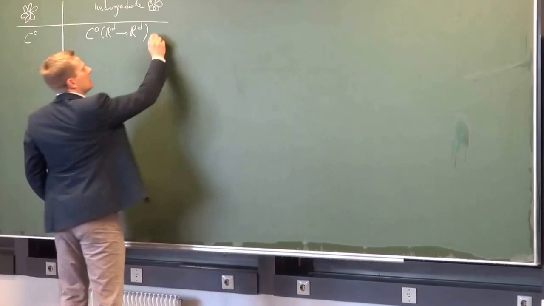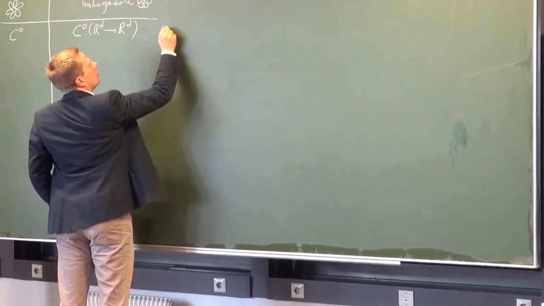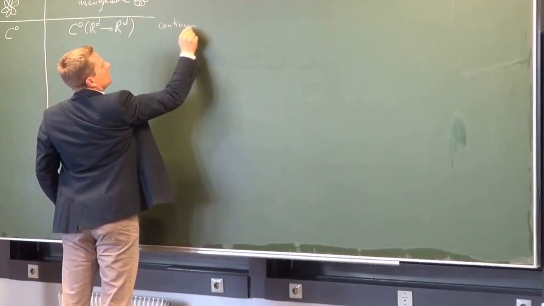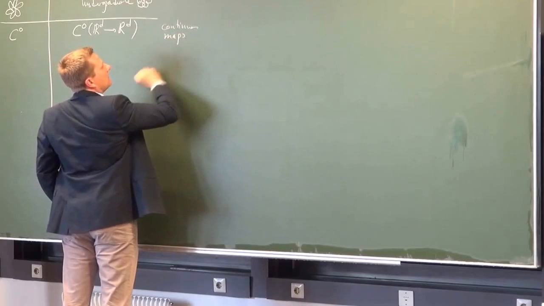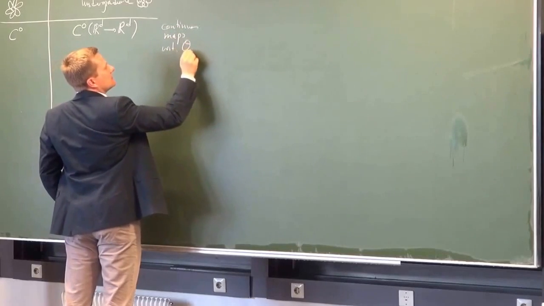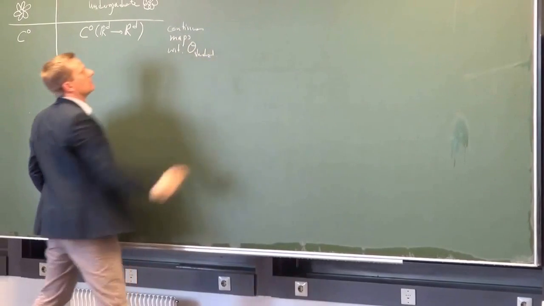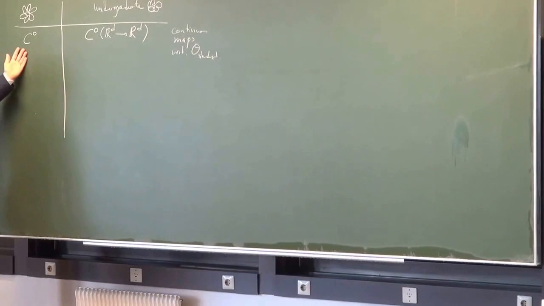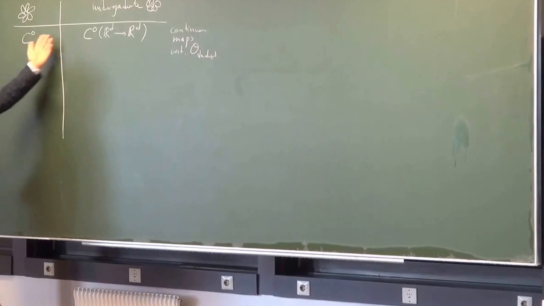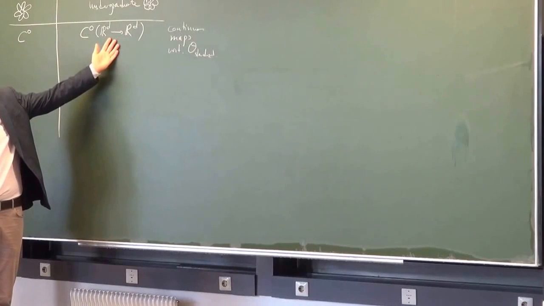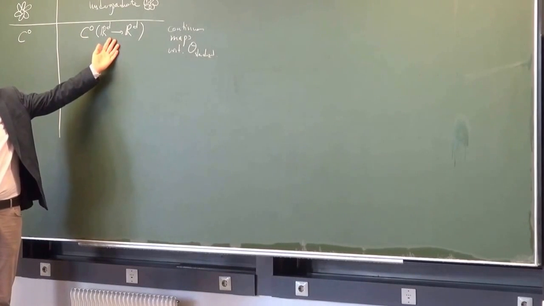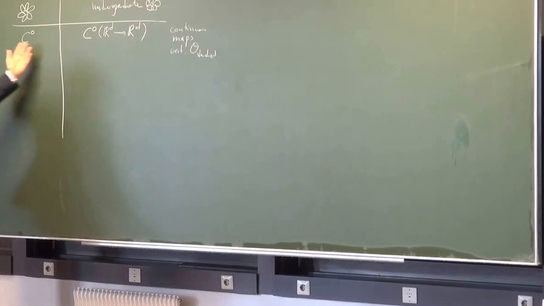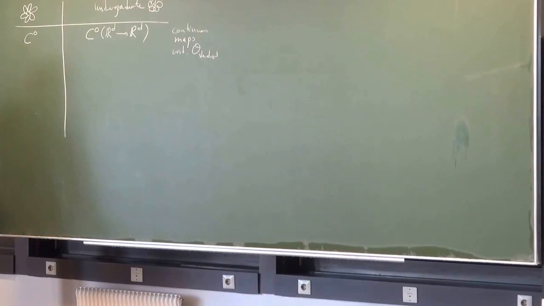C0 is the set of all continuous maps with respect to the standard topology on R^D. And you say every atlas is a C0 atlas on a topological manifold because the transition maps are of course continuous. So every atlas is a C0 atlas.